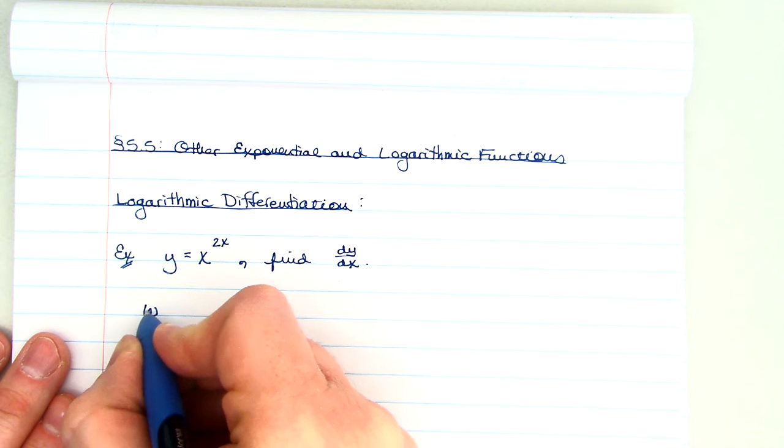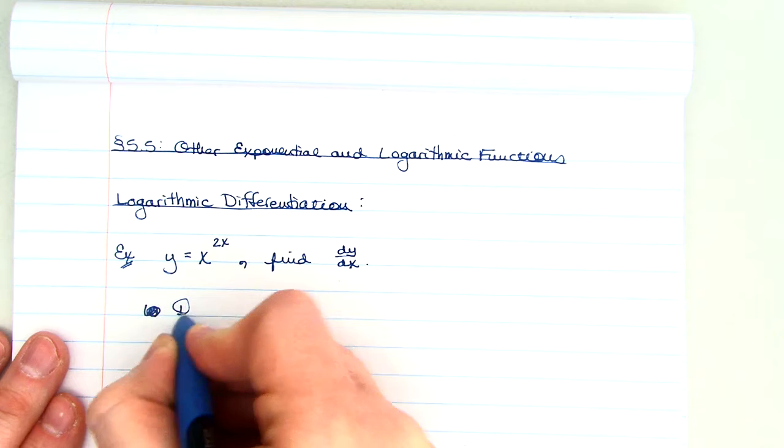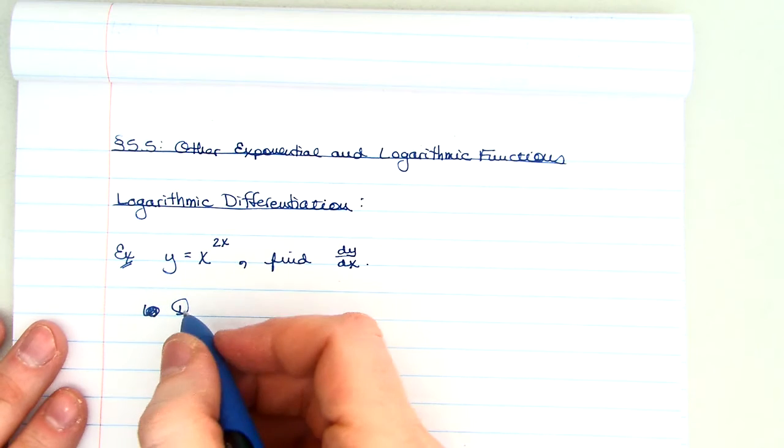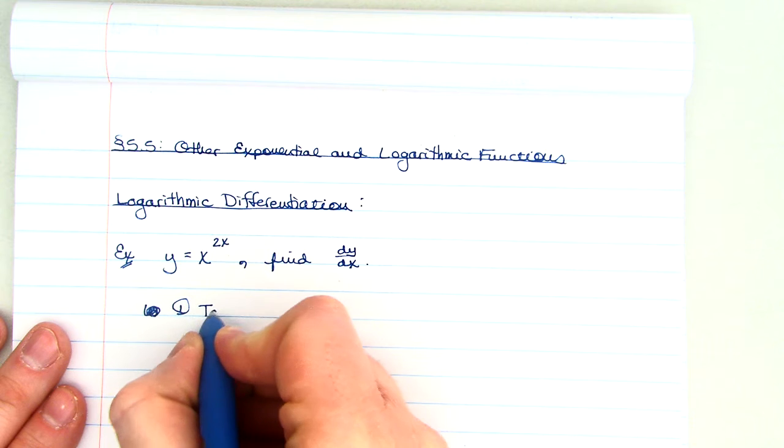So to deal with this, well, I'm not going to write down we need logarithmic differentiation, but that's what we're about to do. As the name suggests, there will be logs involved. Specifically, the only log you know about at the moment is the natural log. So I'm going to start by taking the natural log of both sides, and then I'm going to do some simplifying.